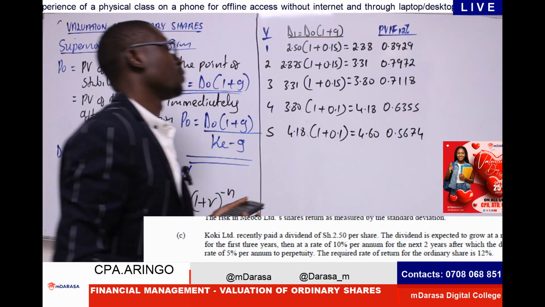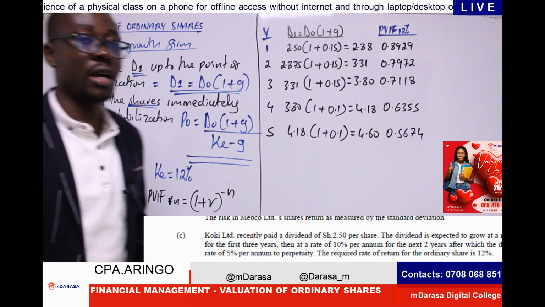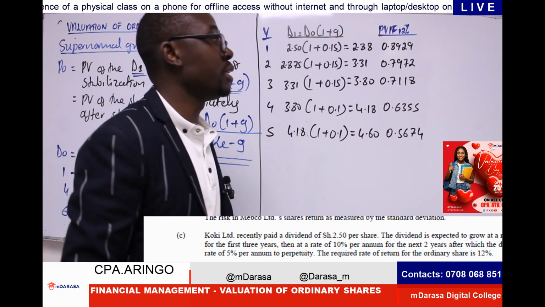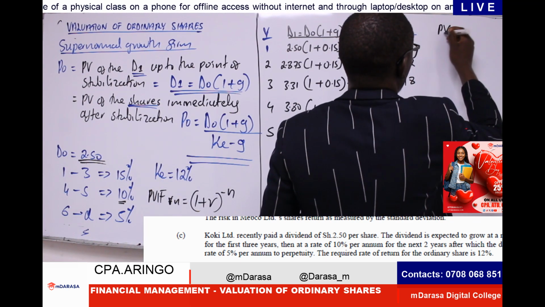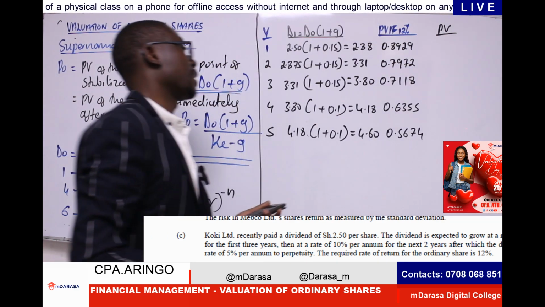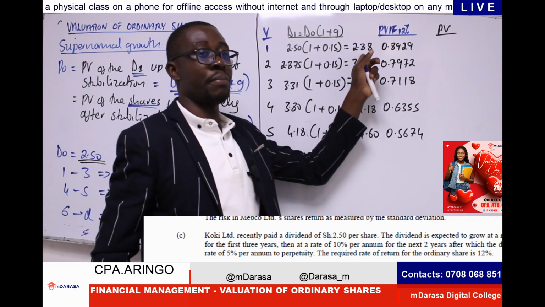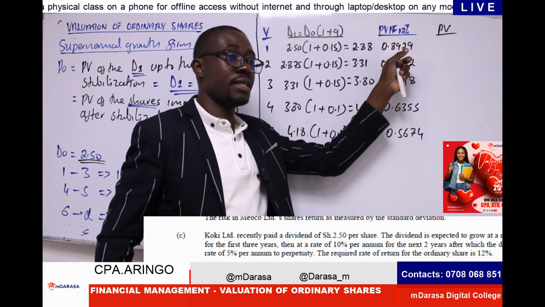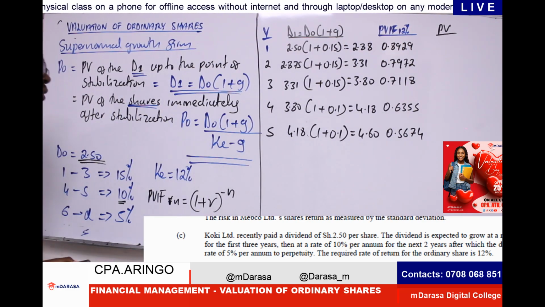You see, we determine our interest factor. So once we have our interest factor, it will be easy for us now to determine our present value, which will be taking our expected dividends times the factor. That will give us our PV.